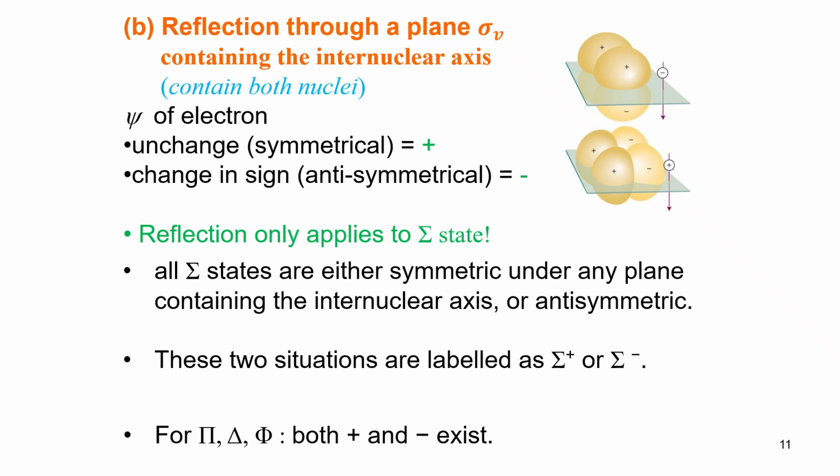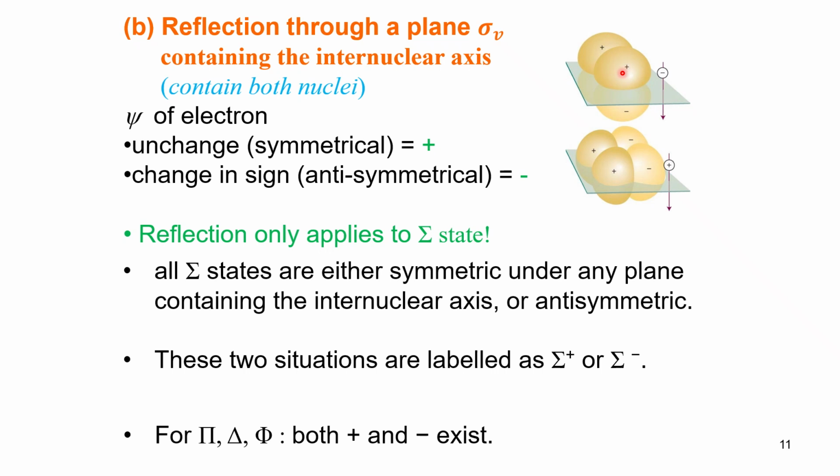Another symmetry element is the reflection through a plane that contains the internuclear axis. This reflection property only applies to sigma states, and the sigma states are labeled as sigma positive or sigma negative. Sigma positive represents no change under the reflection, just like the image shown here. We have the mirror plane placed through the internuclear axis, and through the reflection, there is no change in the wave function, so it is labeled as sigma plus.